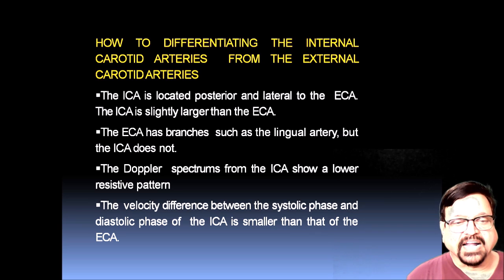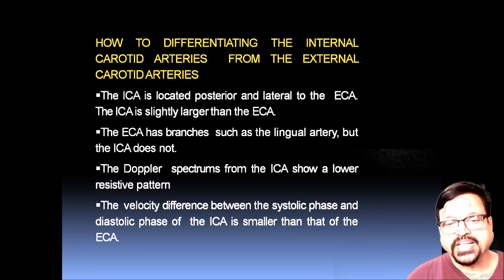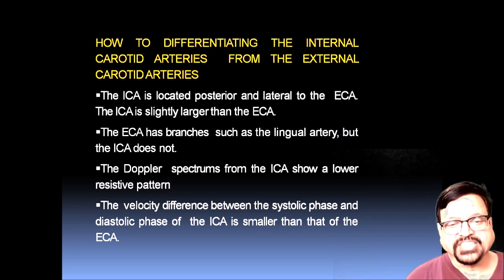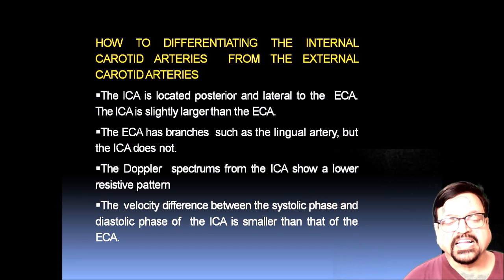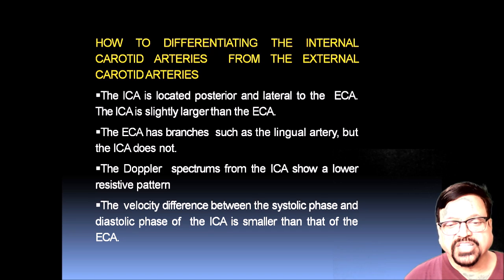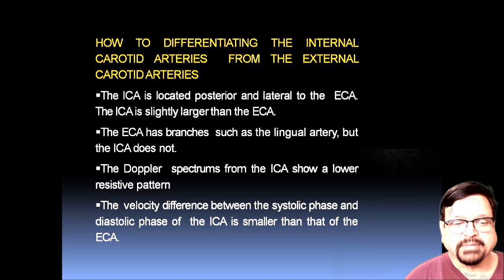The internal carotid artery is located posterior and lateral to the external carotid artery. The internal carotid artery is slightly larger than the external carotid artery. The external carotid artery has branches such as the lingual artery, but the internal carotid does not branch in the area we are seeing.